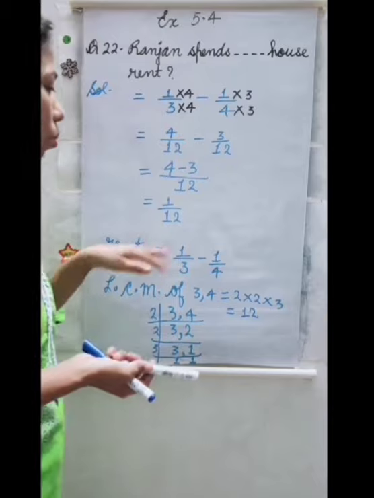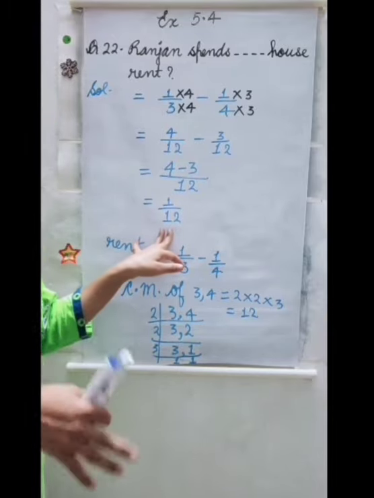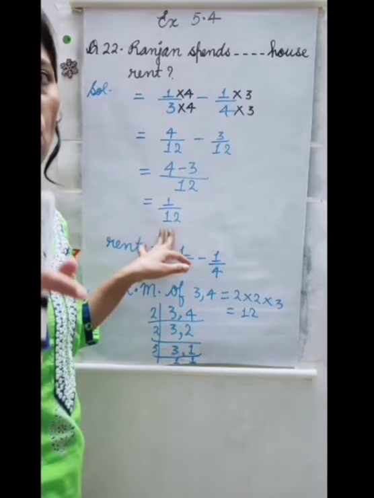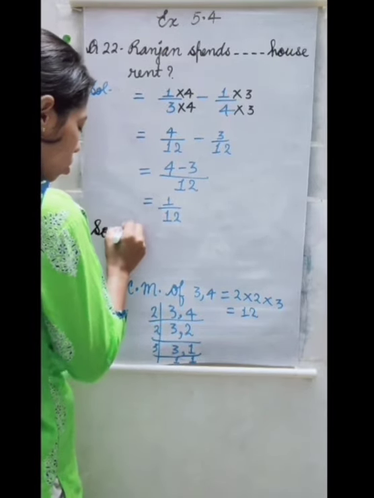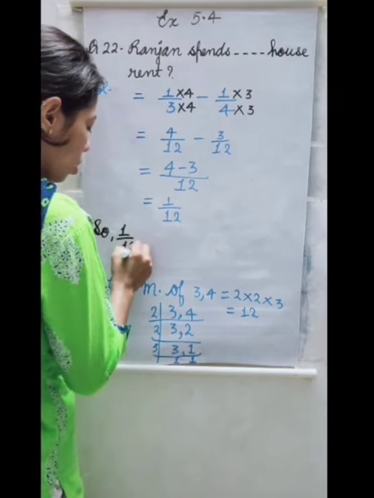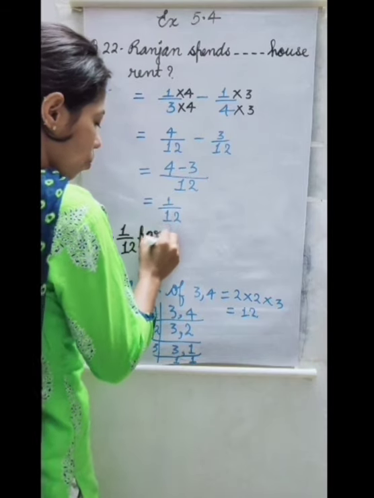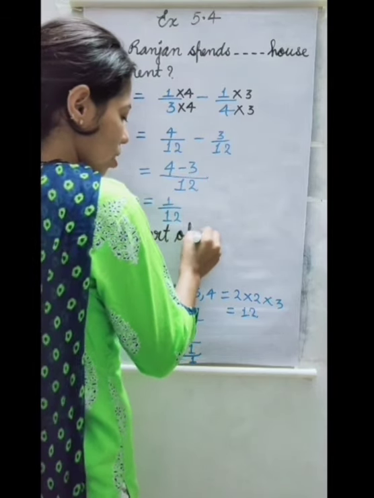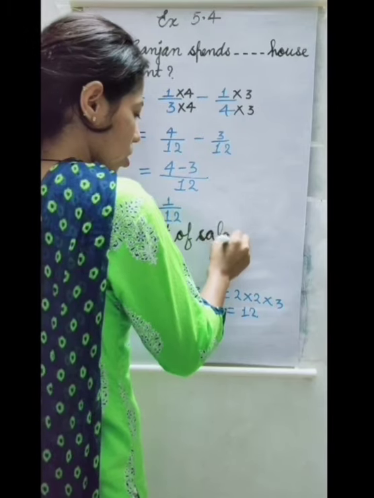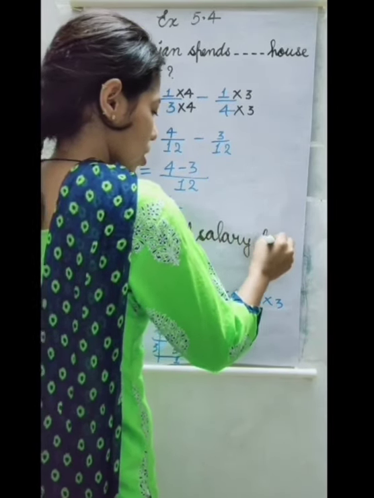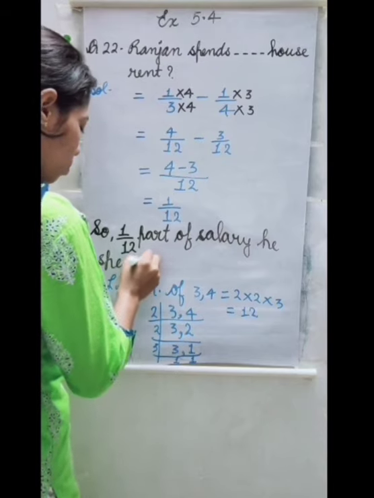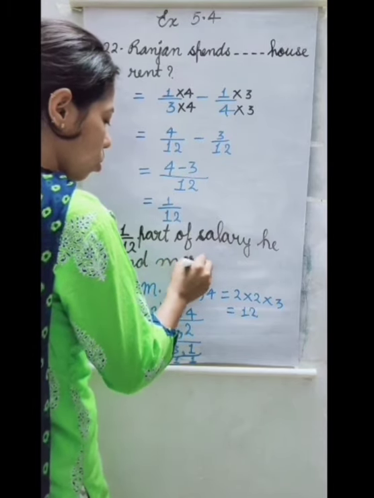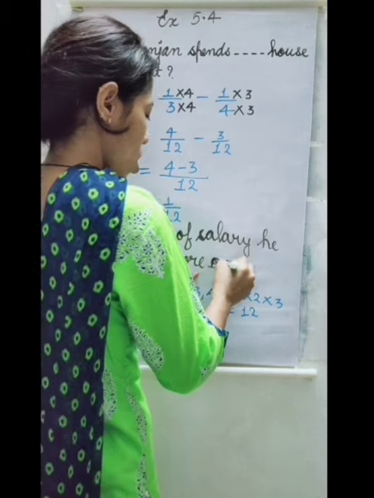So 1/12 part of salary he spent more on house rent.